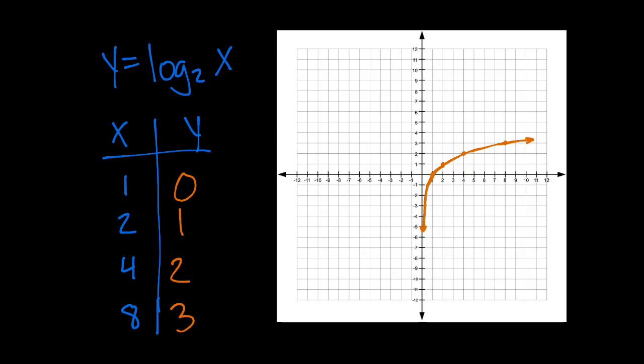So here's the pattern of logarithmic growth. It starts out by increasing very, very quickly, and as it grows, its rate of increase slows down. That's kind of the opposite of exponential growth, right? Exponential growth started growing very slowly and speeds up. Logarithmic growth starts out by growing quickly and slows down.